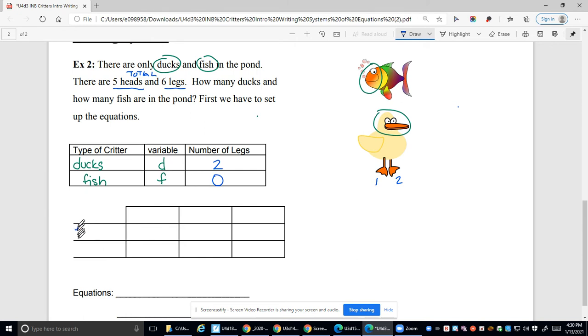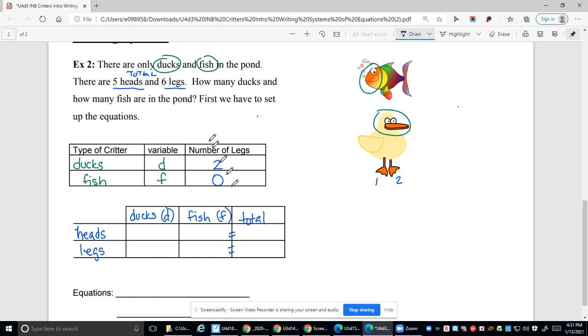We were comparing heads with legs. We're comparing ducks with fish. So I'm going to remind myself that's D for ducks and F for fish. And this is usually my total amount right here.